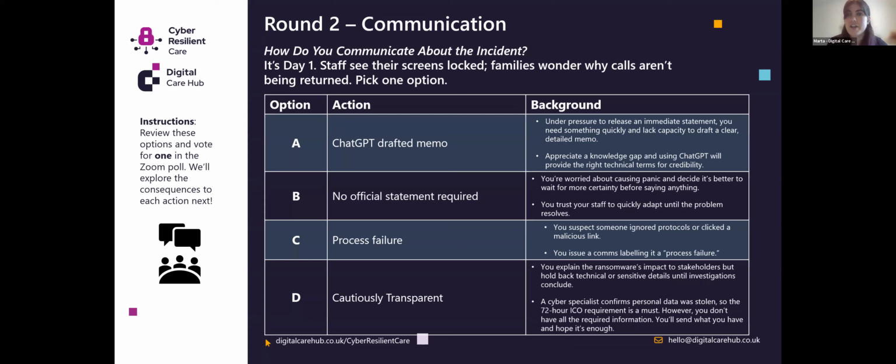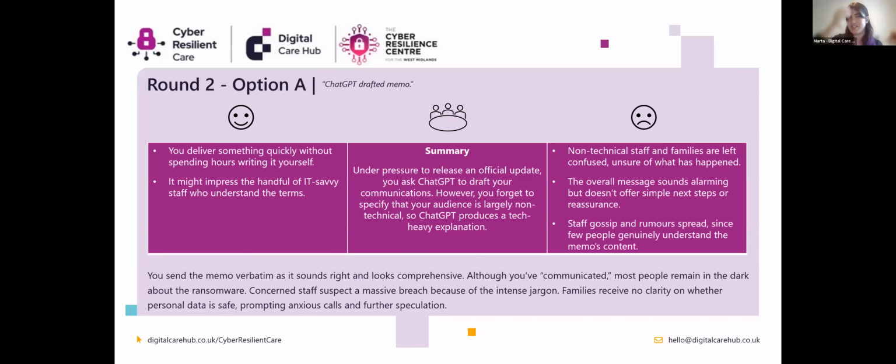Nice, thank you, Claire. So, okay, 88% option D, 8% option B, so no official statement required, and 4% option A, ChatGPT drafted memo. Let's have a look. So on option A, ChatGPT, you decide you need something quick and rapid, so you decide to draft a memo to put out in your comms.